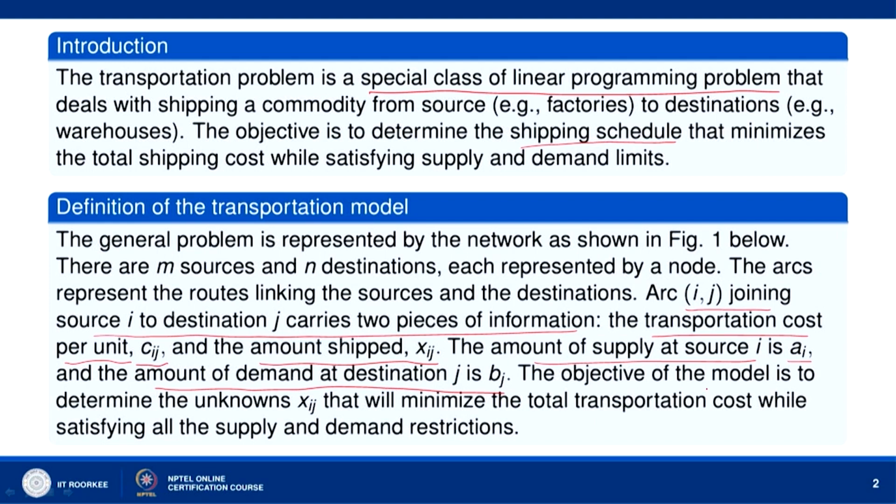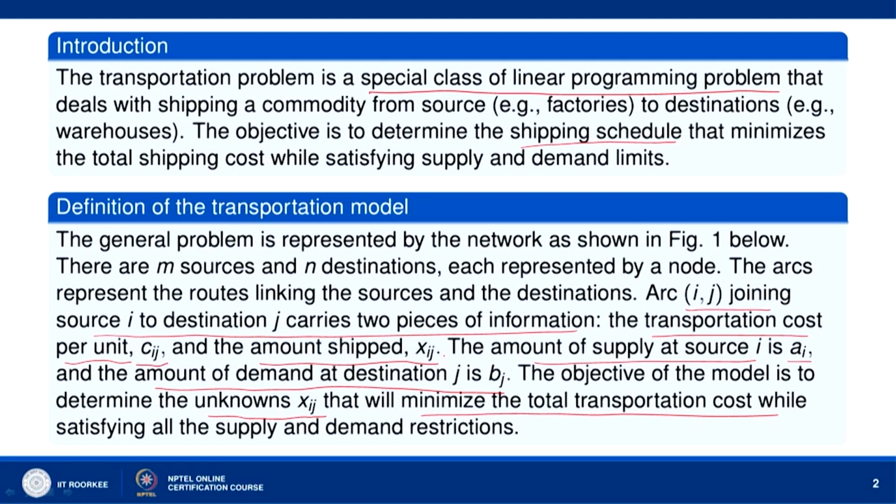The objective of the model is to determine the unknown quantity X i j that will minimize the total transportation cost while satisfying all the supply and demand restrictions. X i j is the amount shipped from the ith source to the jth destination.